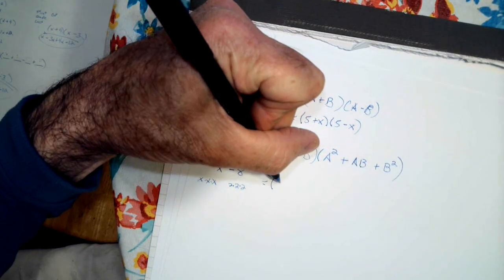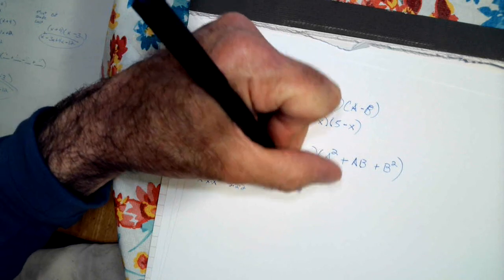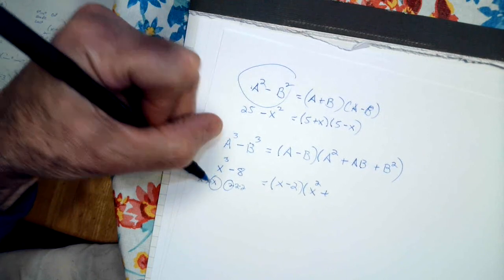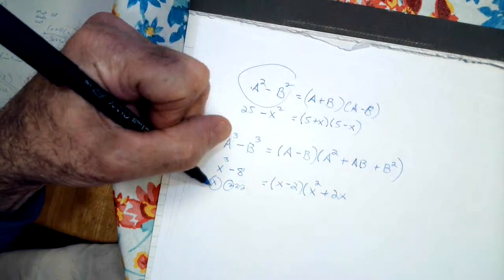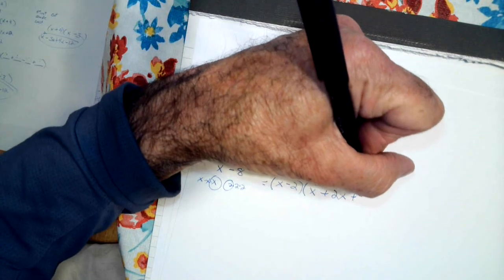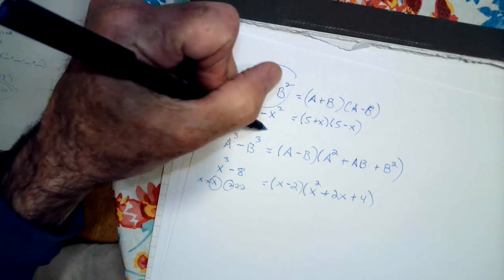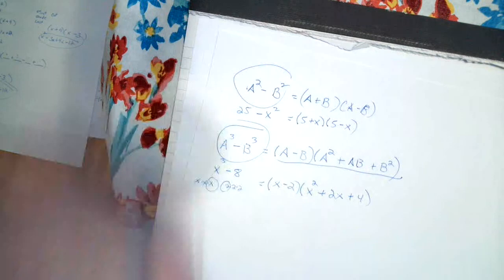So this is going to be x minus 2 times x squared plus this times this, 2x, plus this squared, just 4. And so you don't have to try and have any great brain in it. This is one of those where you just memorize that if you see something like this, it fits that pattern.